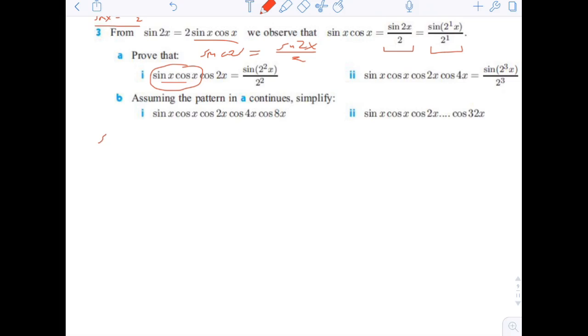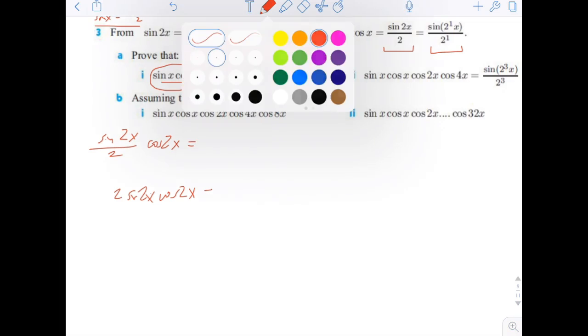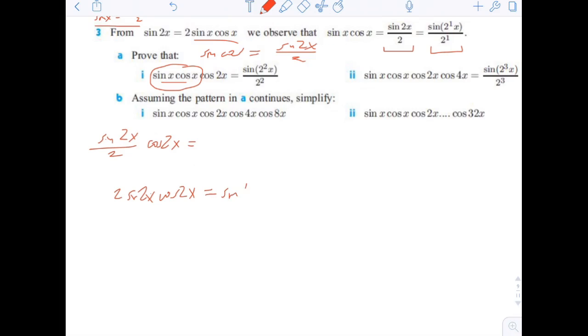So we'll get sine of 2x divided by 2 cosine 2x equals, and in this case, we know that 2 sine 2x cosine 2x is equal to sine of 4x, right?